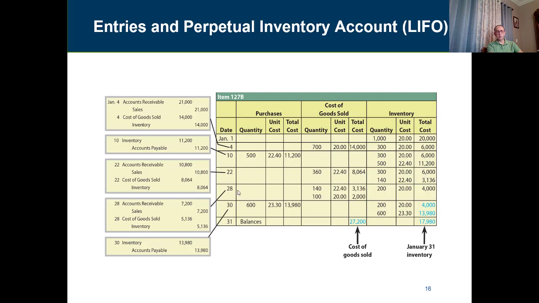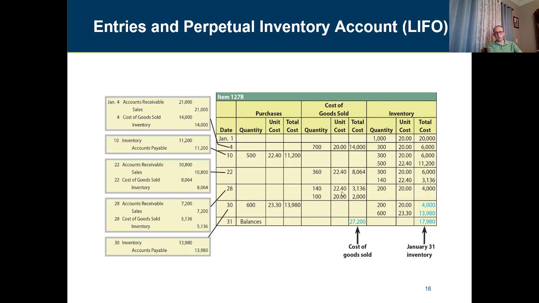Then on the 28th, we sold 240 units. Does the latest batch have enough to cover the 240? No, it's only 140. So we'll have to use the entire 140 at $22.40, and then we're going to take 100 from the older batch.